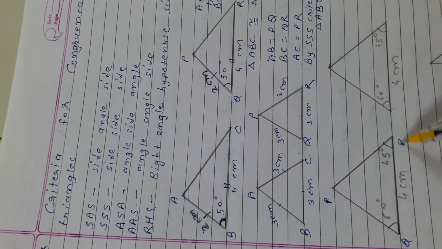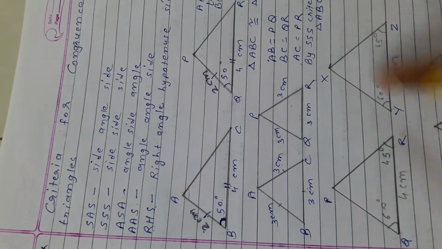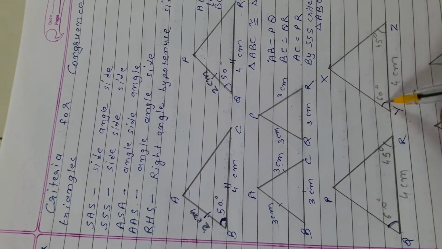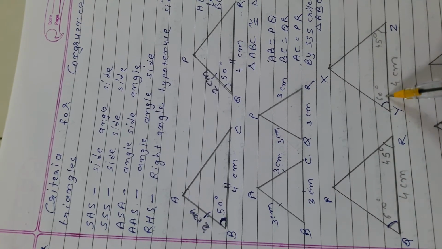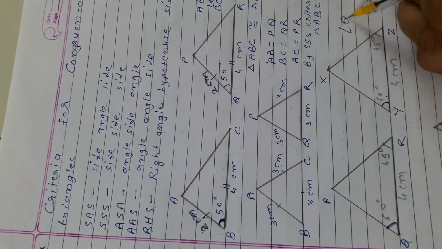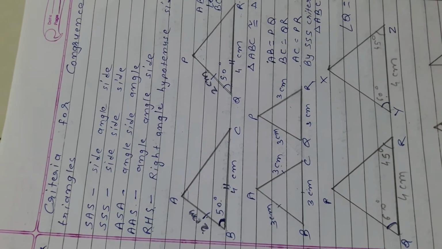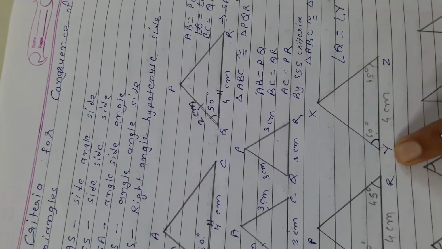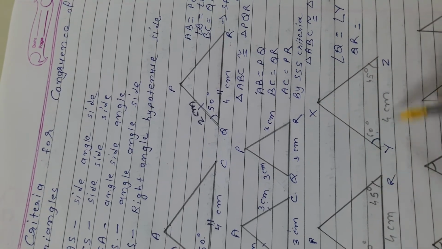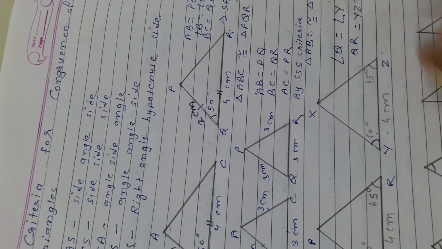Now here in both the triangles, say that this is PQR and this is XYZ. Triangle PQR and triangle XYZ. Here angle Q is same as angle Y. That is angle Q equal to angle Y. QR and YZ equal to 4 centimeter.